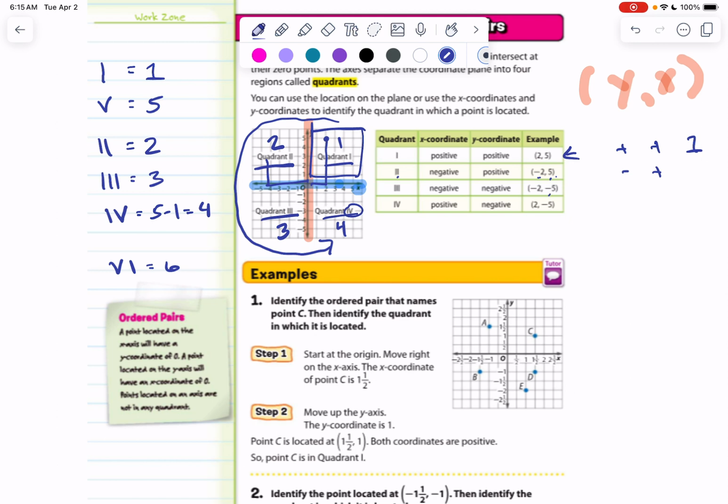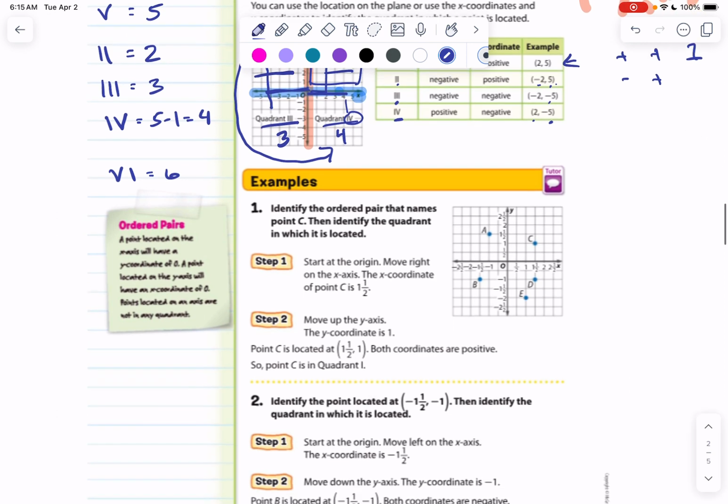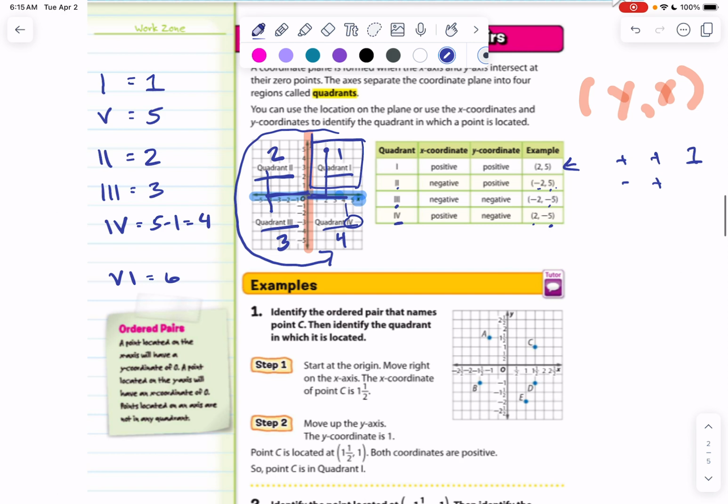Negative, negative will land us in quadrant 3. And positive, negative will land us in quadrant 4. So you can look back at this chart if you're unfamiliar with that and learn it, or as you graph coordinate pairs, it will become more obvious to you.